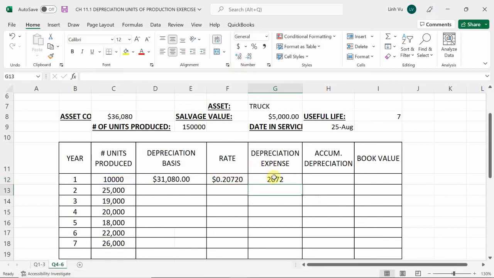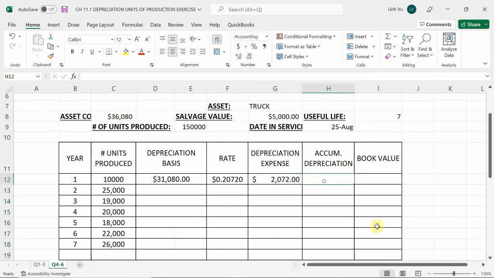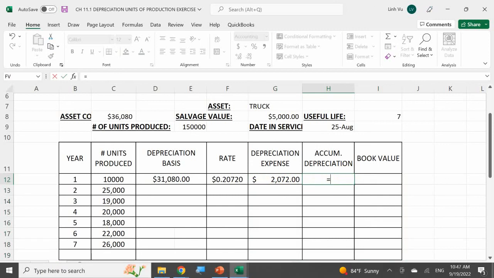2,072. Good. So if I'm at 2,072, okay, what's my accumulated depreciation?